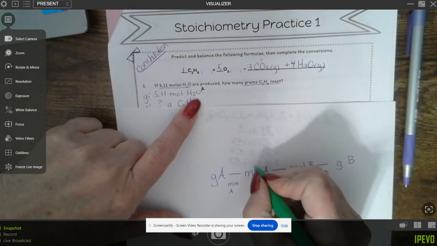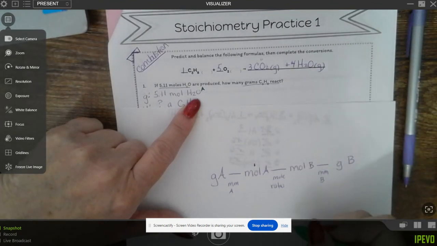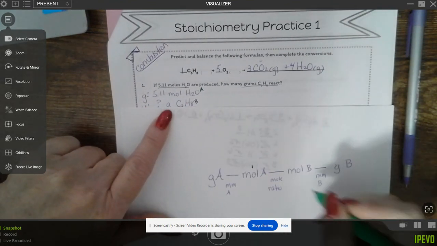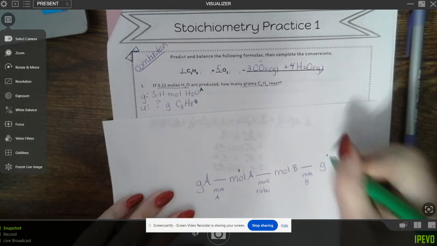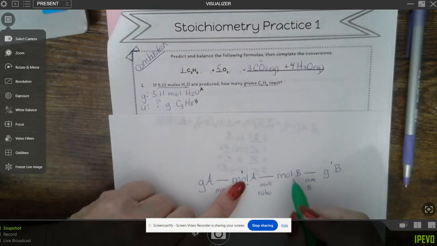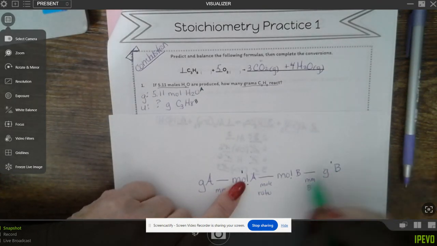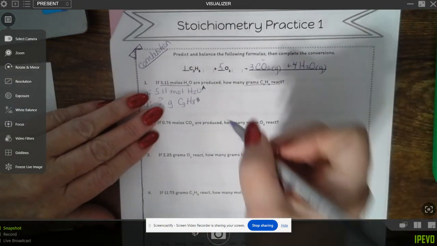Okay, so if we look at our mole map in this problem, we're starting with moles of A. So we're starting here. I'm going to put a 1 here to represent problem 1. And we're ending with grams of B. So we're ending over here. Okay, so we're going from moles of A to moles of B to grams of B. So that is a 2-step problem. Okay, so let's start.